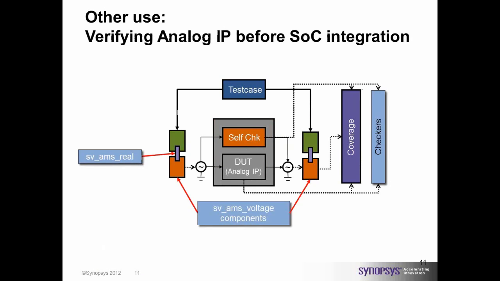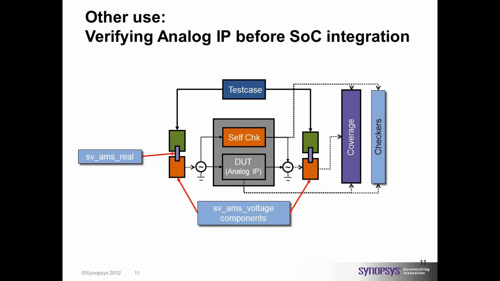Finally, moving on to slide number 11, this gives a typical IP verification environment. Again, it's very typical of a digital test bench, but here the DUT is an analog IP, and this provides a little more detail of how these components interact. On the left side, where you're trying to drive the DUT, these are all UVM-AMS voltage components.